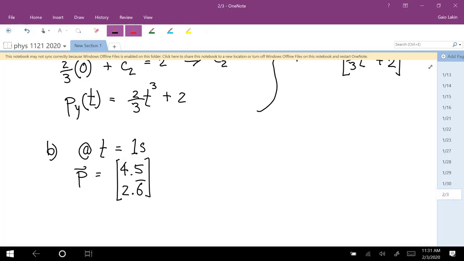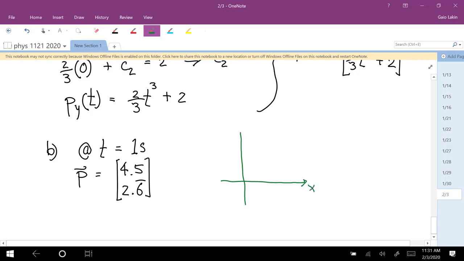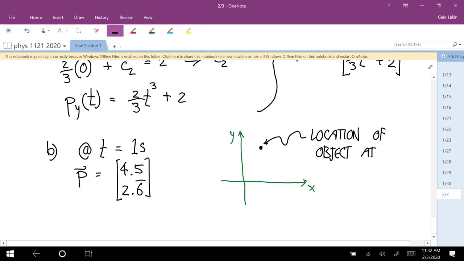So what that means is at that instant, the object is there, you know, whatever, you plot that point. That's the location of the object at time equals 1 second.